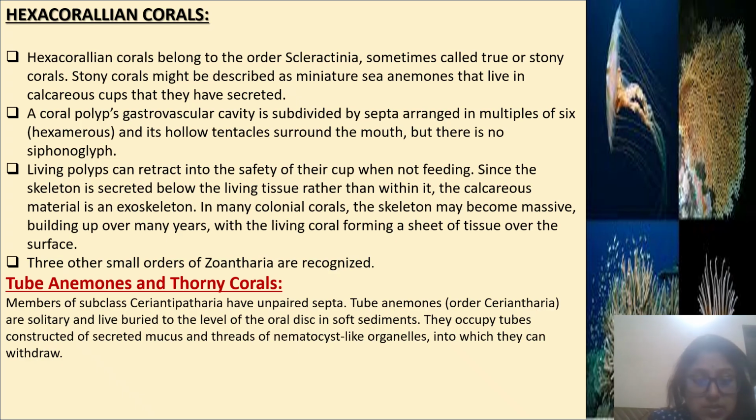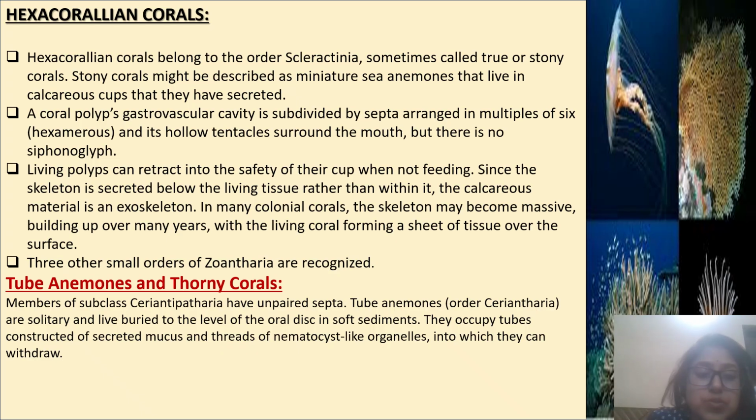Next, tube anemones or thorny corals. Members of subclass Ceriantipatharia have unpaired septa. Tube anemones are solitary and live buried to the level of the oral disc in soft sediments.